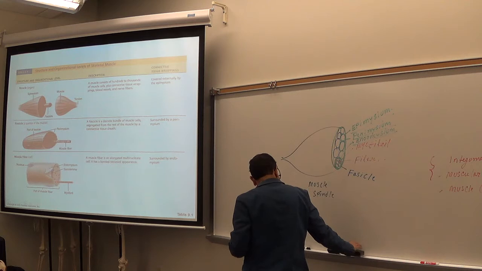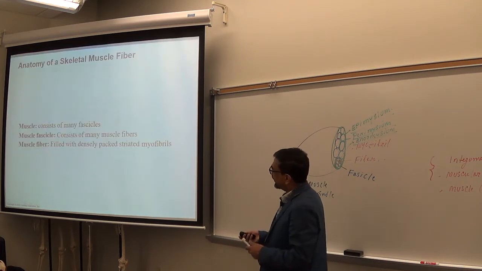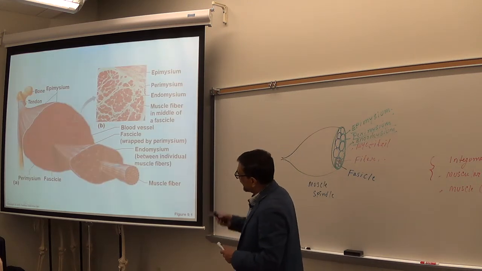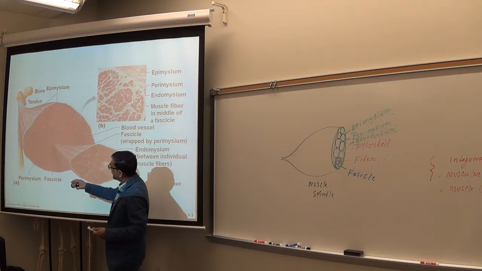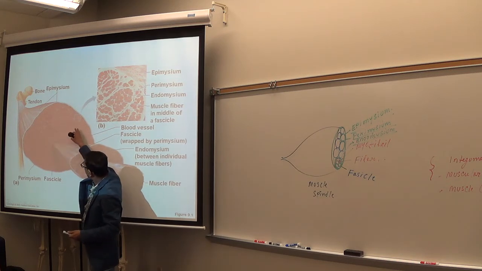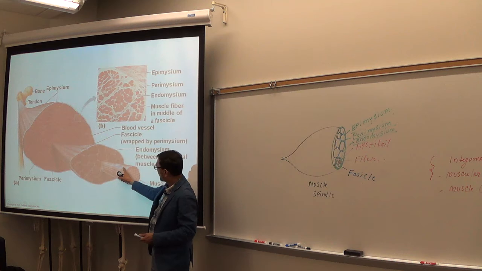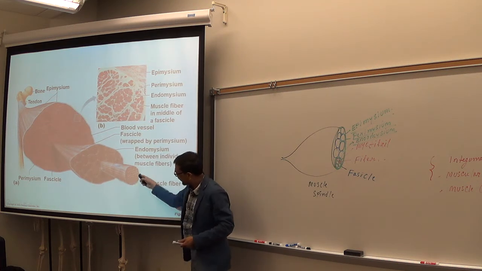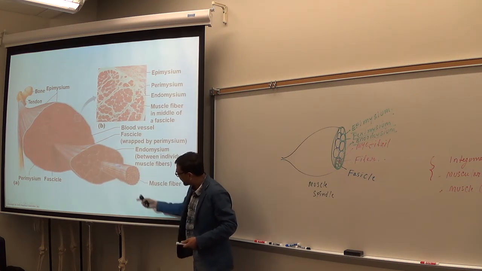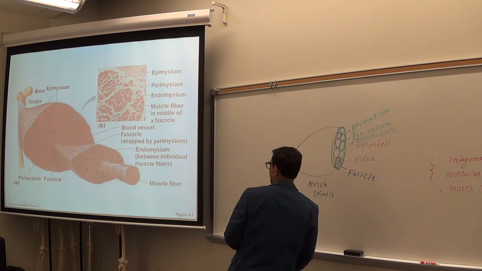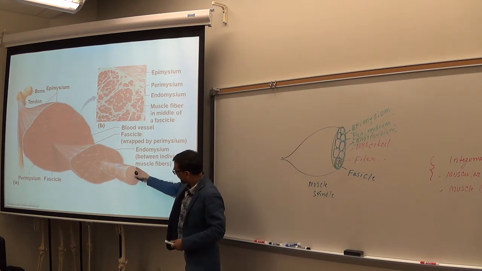Here again it's the same thing: this is the whole muscle, this is one fascicle, and this is a muscle fiber, and inside the muscle fiber you see rod-like structures, myofibrils.